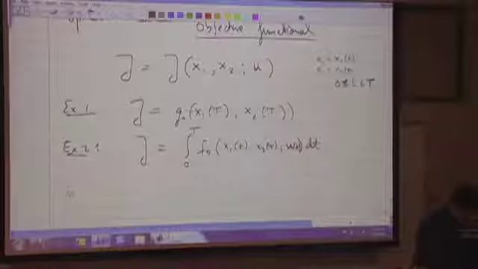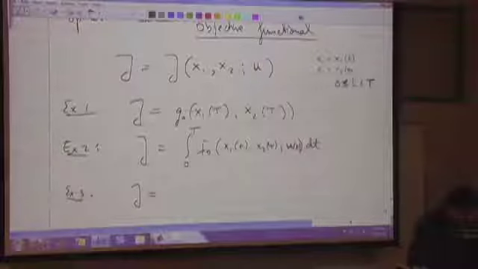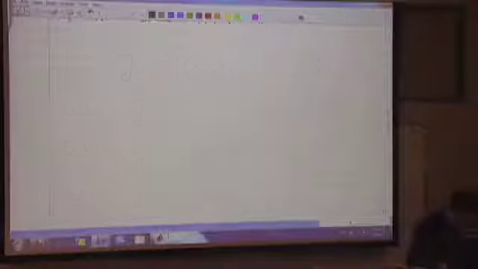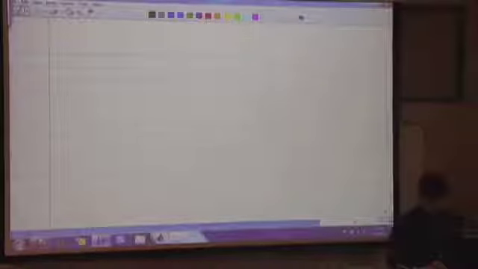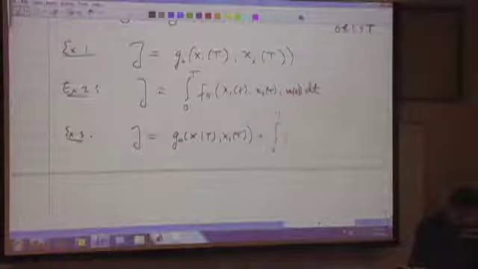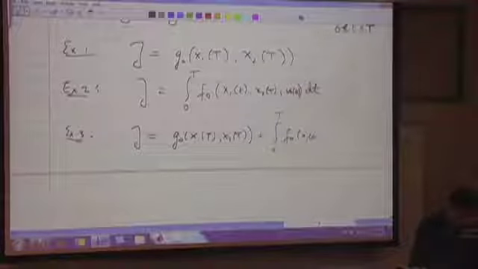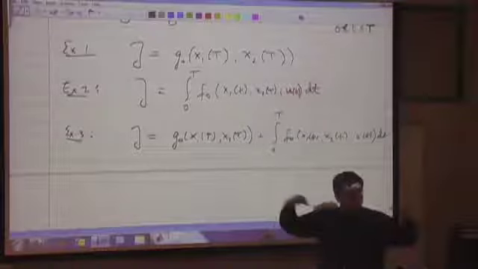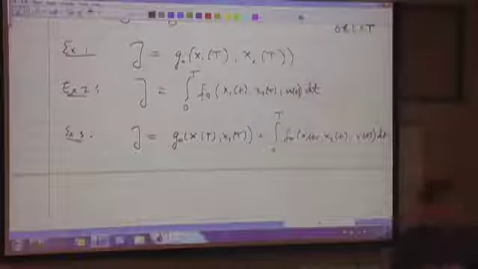And actually, the one which is most general could be a combination: it could involve a function of the final state plus a functional of the whole trajectory of the system from time zero, right?